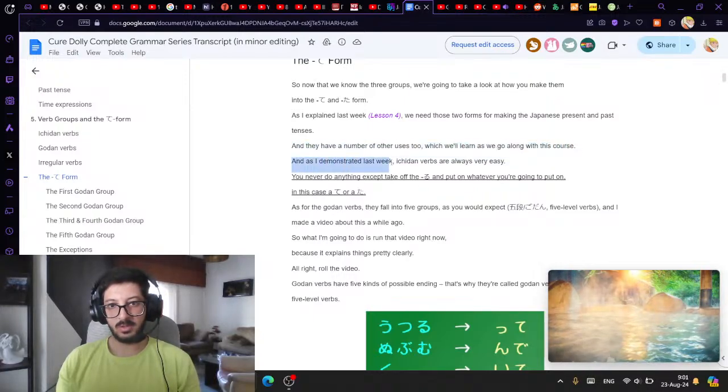And as I demonstrated last week, Ichidan verbs are always very easy. You never do anything except take off the ru and put on whatever you're going to put on, in this case te or ta. Te for present continuous and ta for past simple.